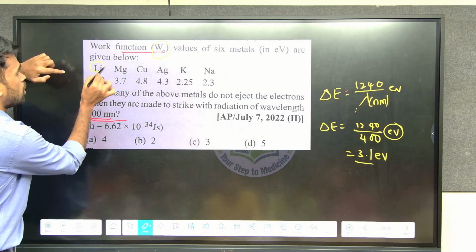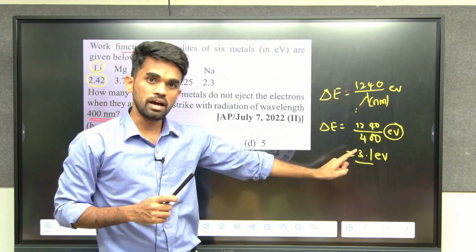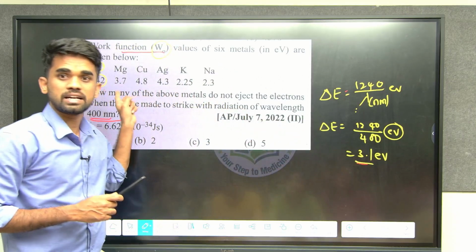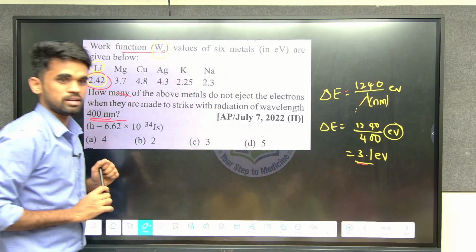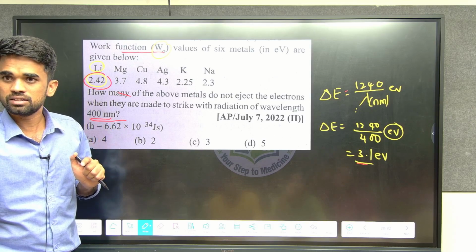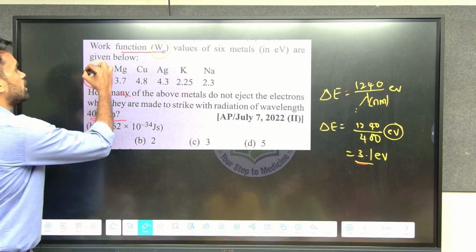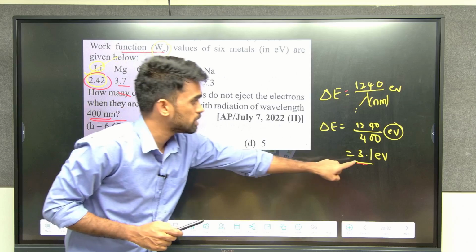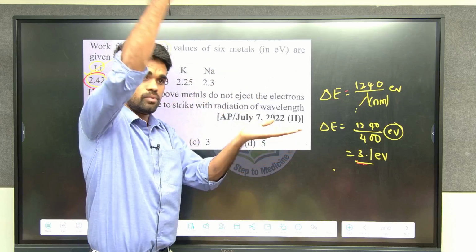See, for lithium, how much is the threshold energy? Now how much are we supplying? Is this sufficient, or less or more? We are supplying more energy than required, so this is enough for nickel and lithium. So will the photoelectric effect happen or not? It will be observed here. Next one, tell me. 3.7 is required, but how much are we sending? Is this sufficient? If it is not sufficient, will the electron come out or not?